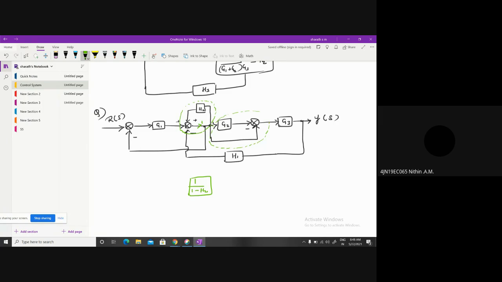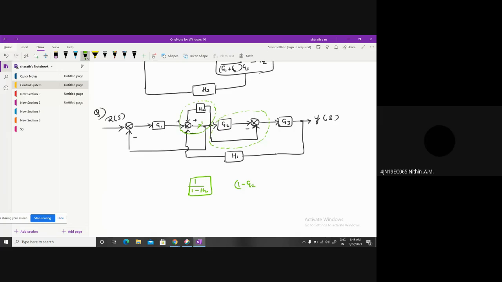Sir, it's 1 plus forward path. Is it 1 plus or 1 minus? Minus. 1 minus, sir. So 1 minus G2.